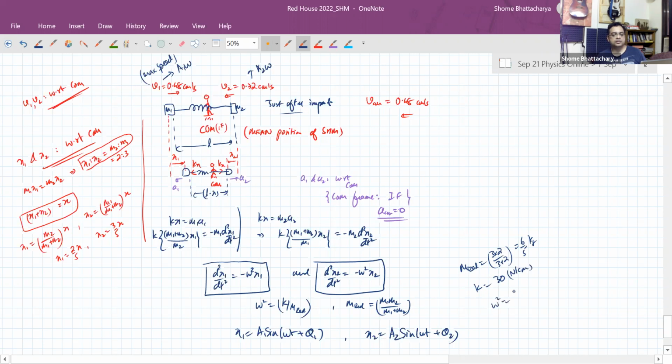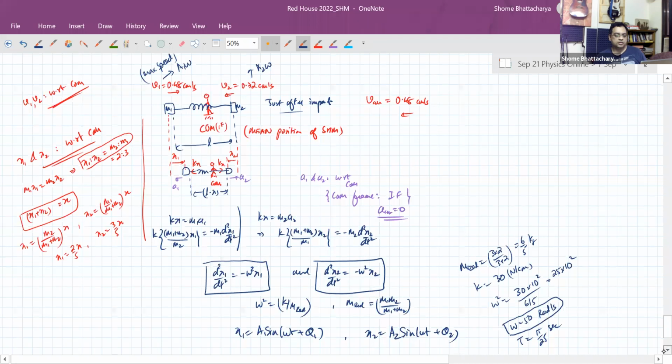So omega square is 30 into 10 raised to power 2 divided by 6 by 5. So that's 25 into 10 raised to power 2. So omega is 50 radians per second, which was one important thing for us.